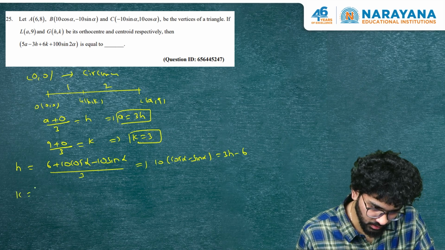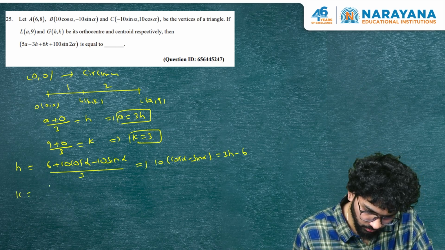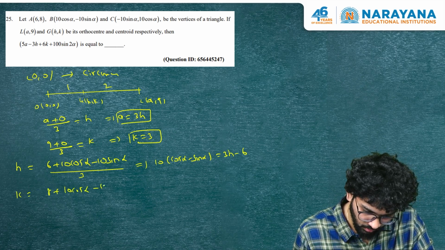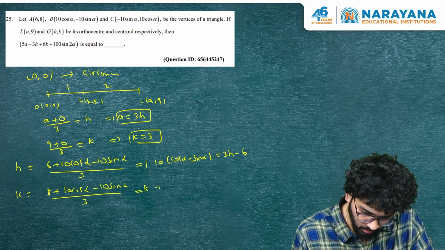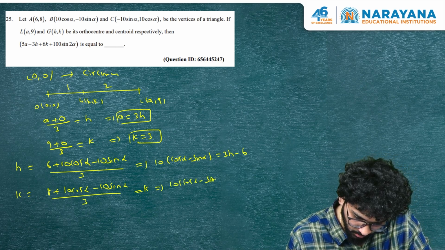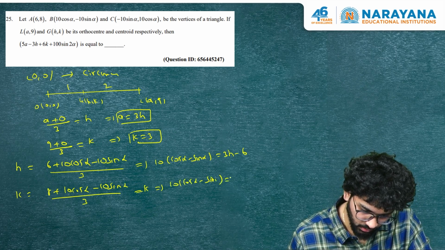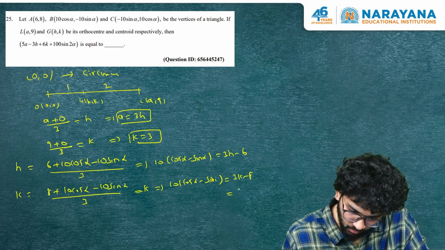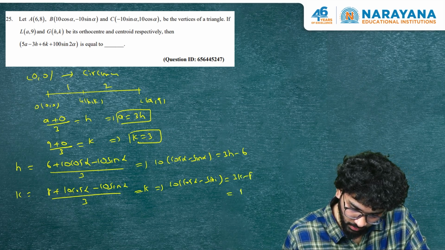Similarly, K is equal to (8 + 10 cos alpha - 10 sin alpha)/3, so 10(cos alpha - sin alpha) is equal to 3K - 8, which, if I substitute K equal to 3, is 1.